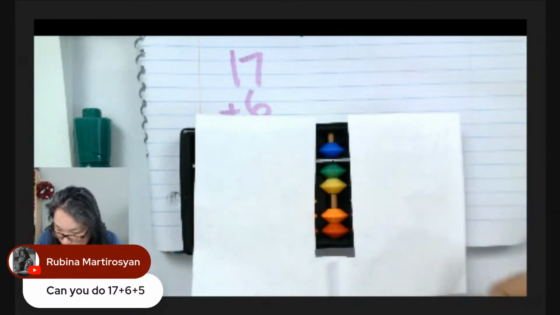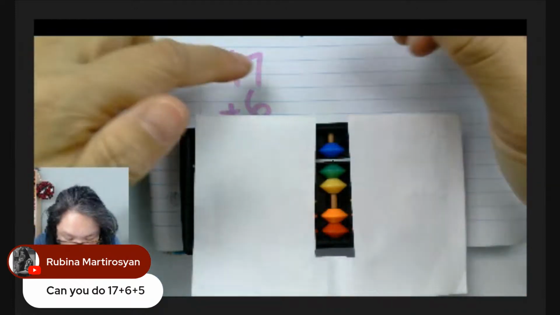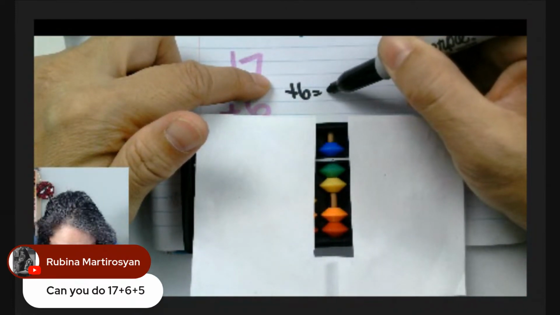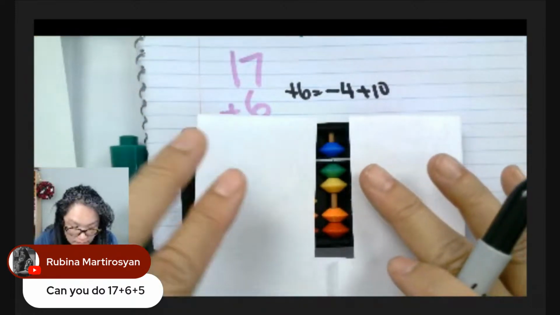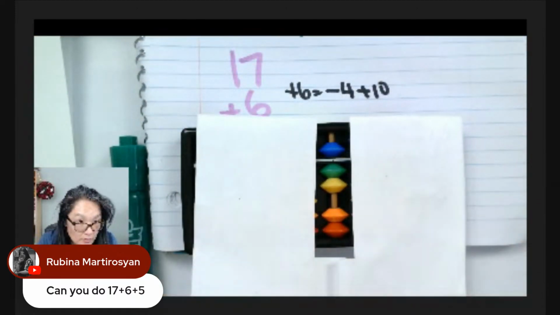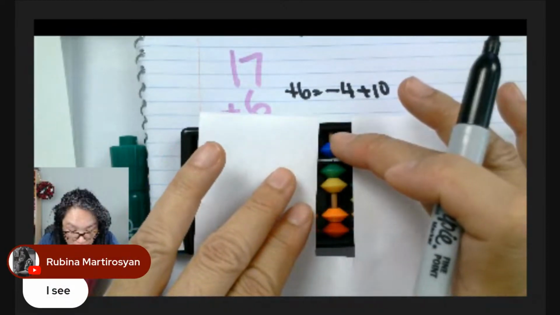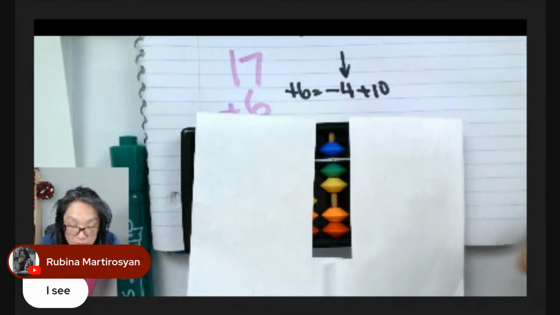So what do I do? I know if I plus the 6, it's equal to minus the 4 plus the 10. Yeah. So I'm going to minus the 4 first. So it's good that you can minus the 4 first, right?